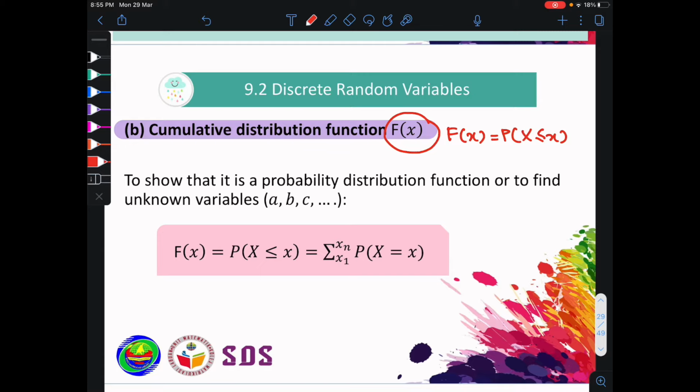In order to show that it is a probability distribution function, or whenever you need to find unknown variables such as a, b, or c, we can use this formula, where F(x) is equal to P(X ≤ x), which is equal to the summation of P(X = x) from x1 until xn.